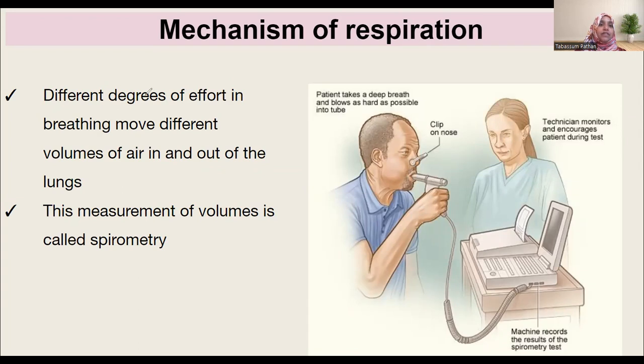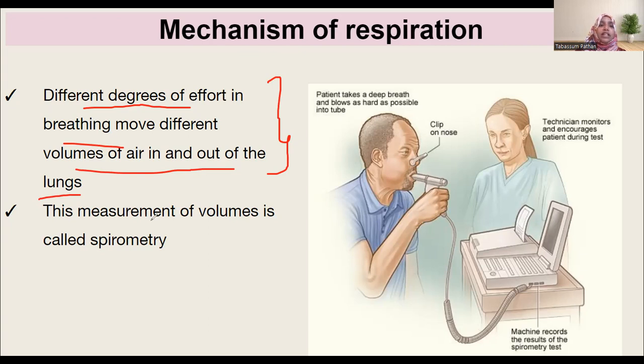The exchange of gases requires different steps, with different degrees of effort in breathing that move different volumes of air in and out of the lungs. So this is all about respiration in one line.